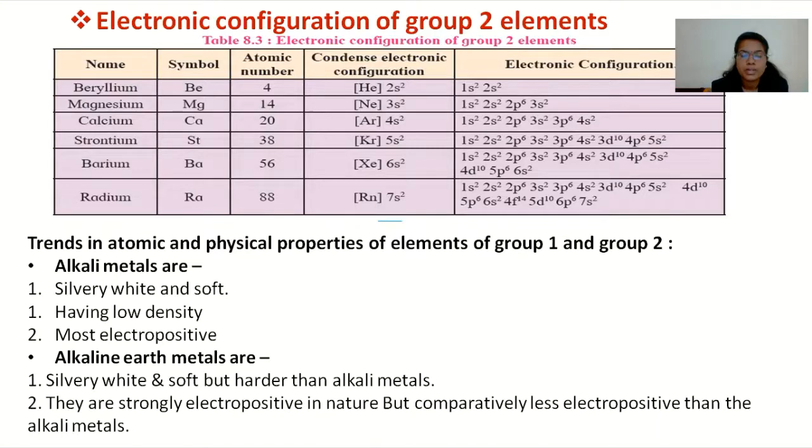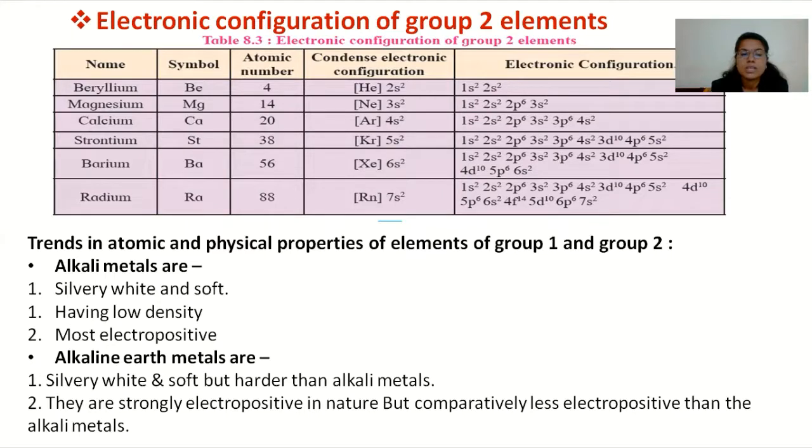Now next point is trends in atomic and physical properties of group 1 and group 2. So first, alkali metals. Alkali metals are silvery white and soft. Due to their large atomic size, these elements have low density. They are the most electropositive elements.